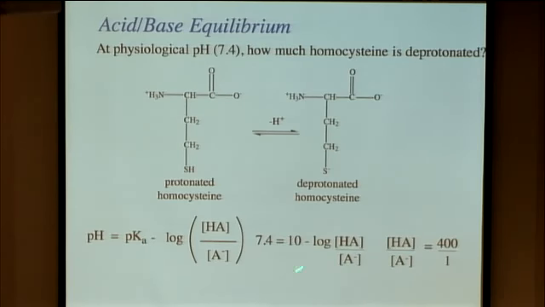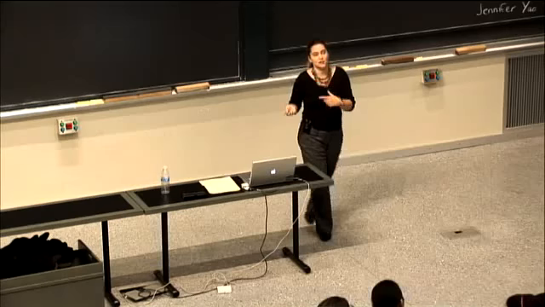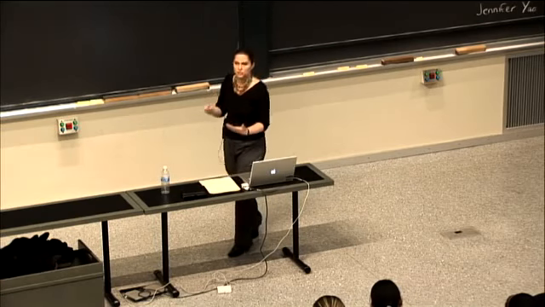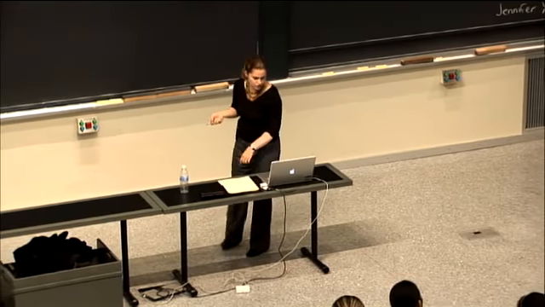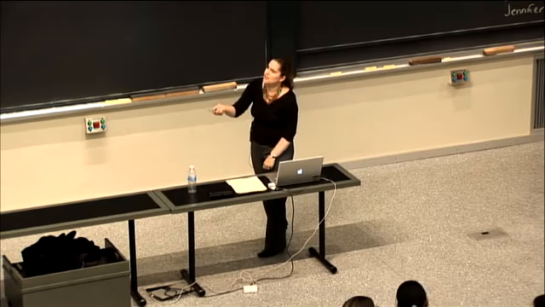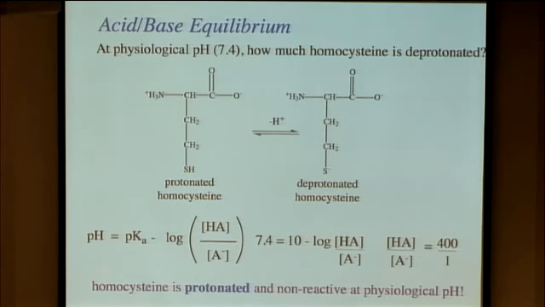And so we can calculate here that if you have a pH of 7.4 and a pKa of 10, you get a ratio of 400 to 1. So that's the math, but you can also just think about it in terms of what you know. So the answer here is that free homocysteine is protonated and non-reactive at physiological pH.